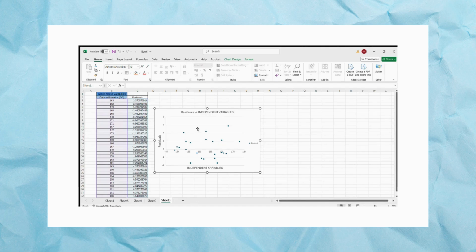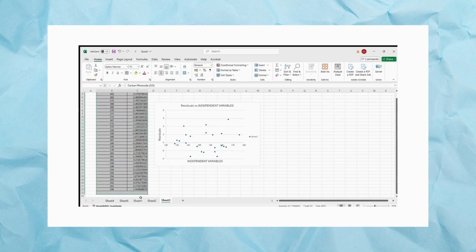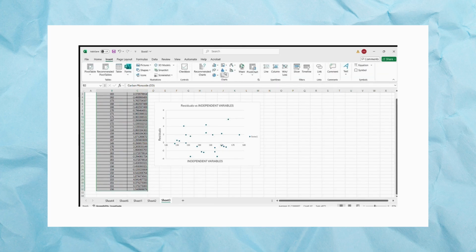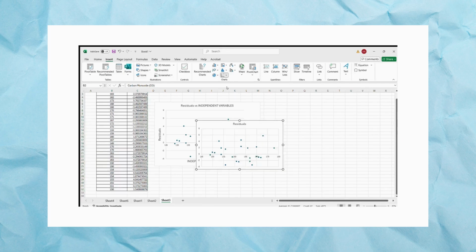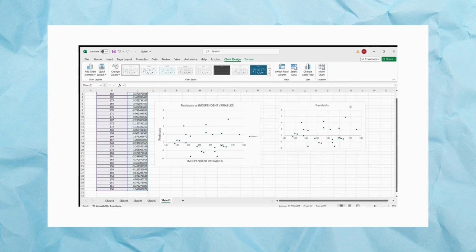In this video, to plot this diagram, carbon monoxide independent variable and residual, select all and press Insert and press Chart. Check the diagram chart, it will show up like this. And press Quick Layout, and you will get a layout like this.